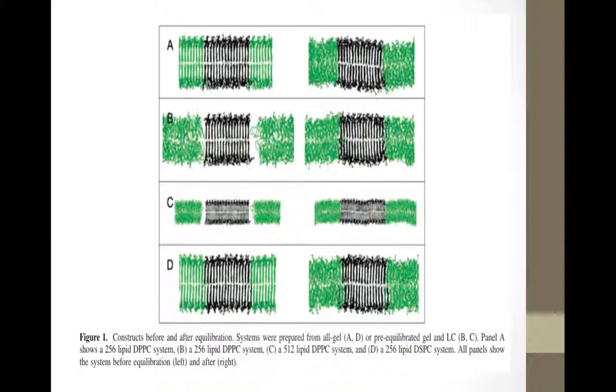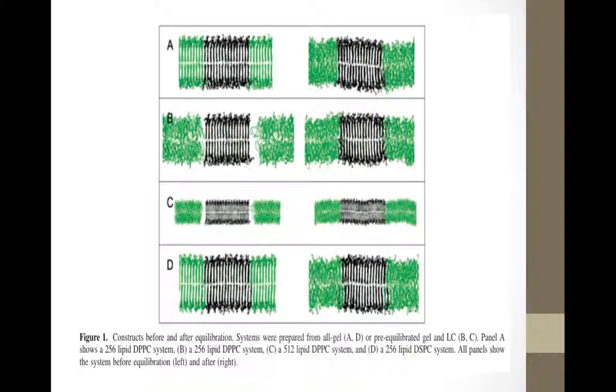Figure 1 is the two-phase system construction before and after equilibration. A, B, and C are the lipid in the DBBC system, and D is in the SBC system.